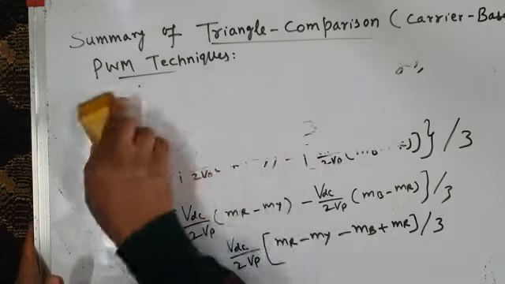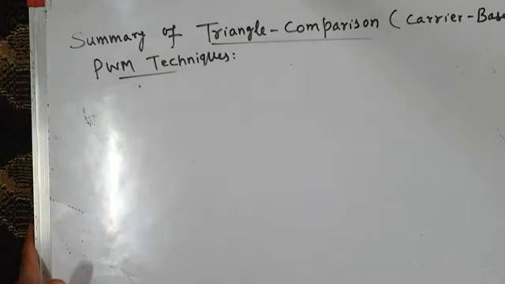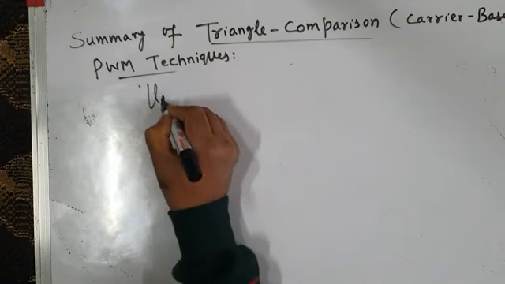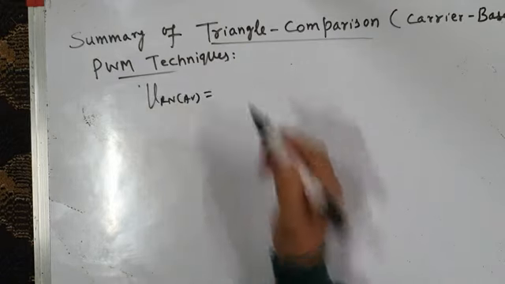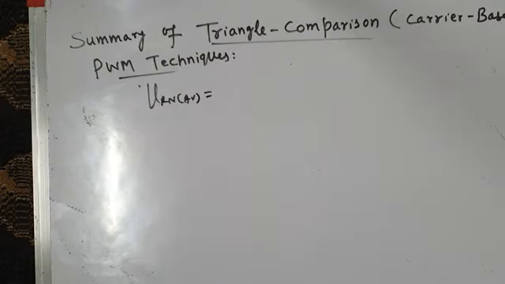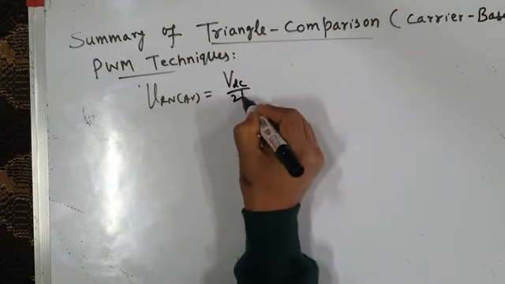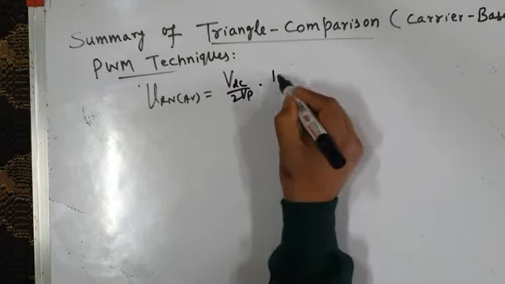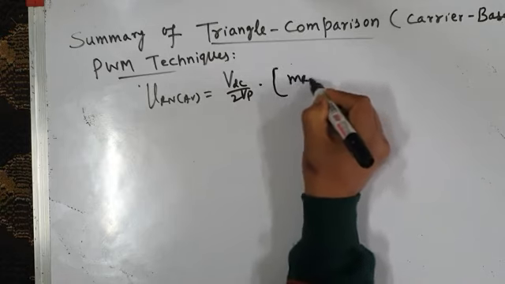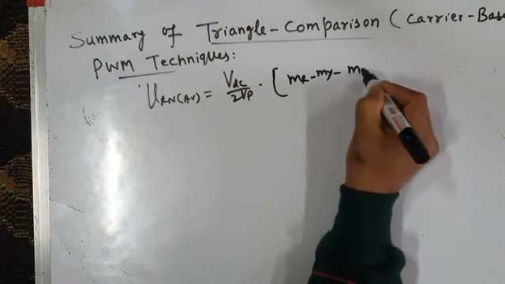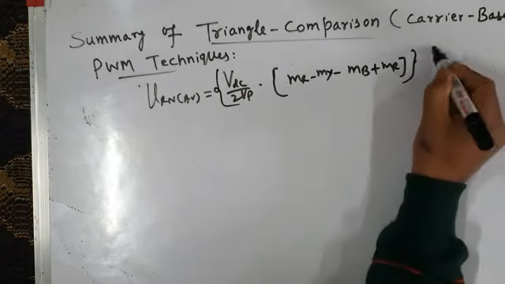Therefore, VRN average is equal to Vdc by 2Vp into (Mr minus My minus Mb plus Mr), this whole thing divided by 3.